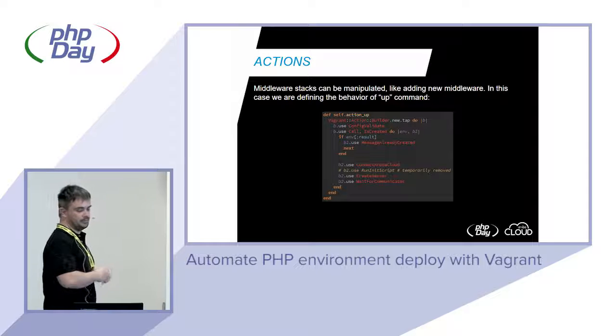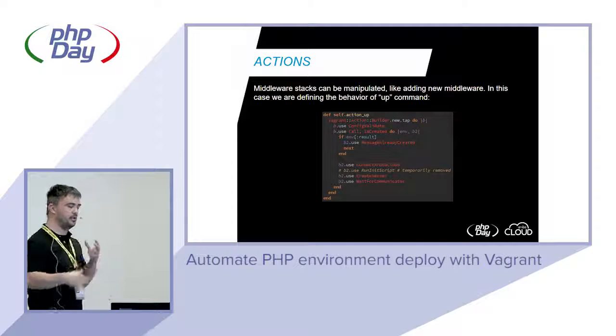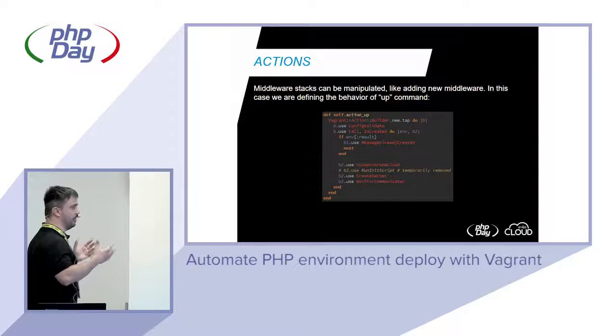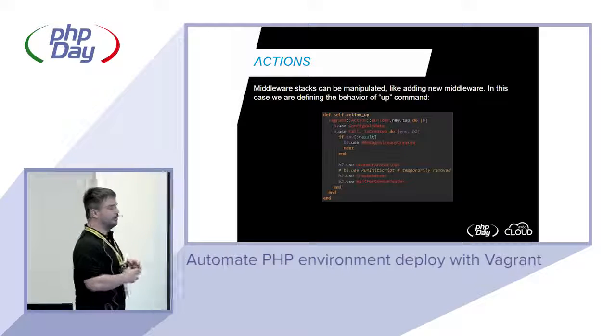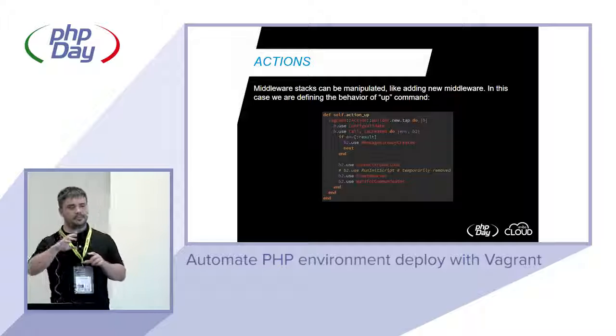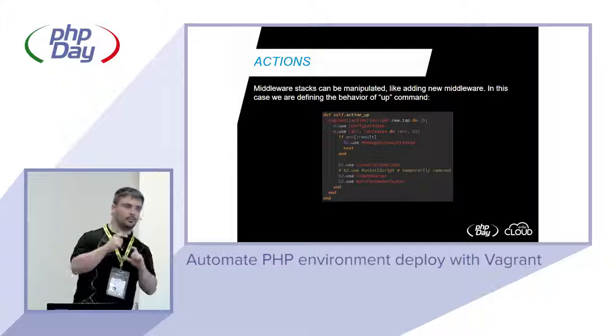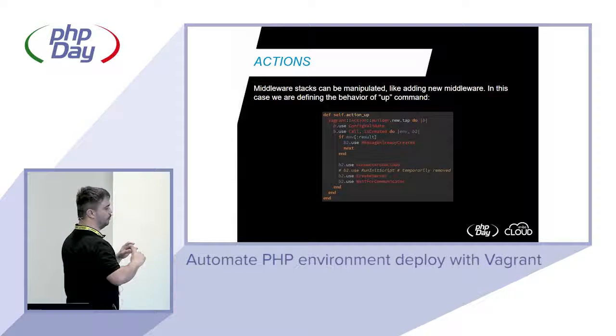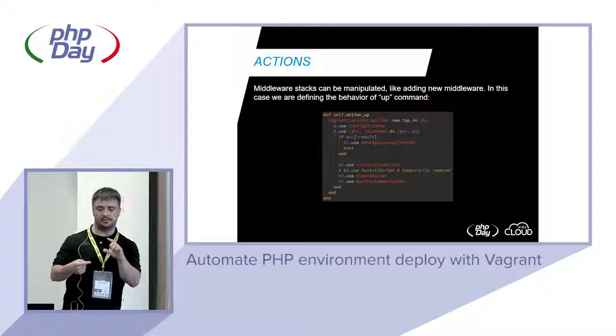You can also put some conditions when you call the actions, because you have an environment, a context that is passed from one middleware to another. Once the middleware is done, the environment will be passed to the next middleware.